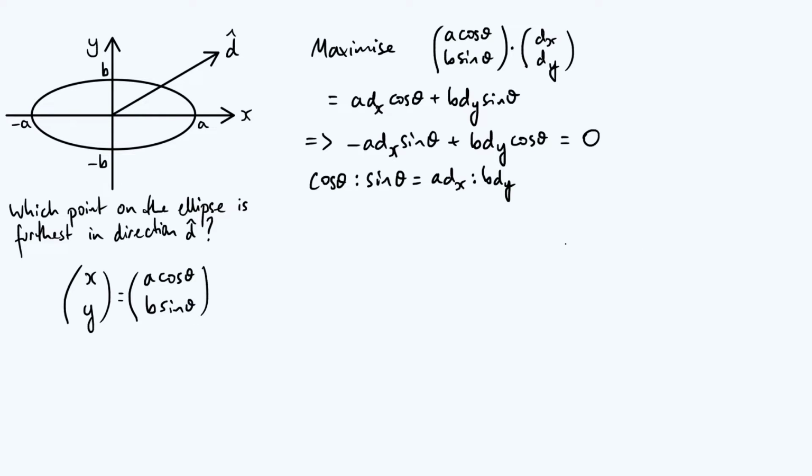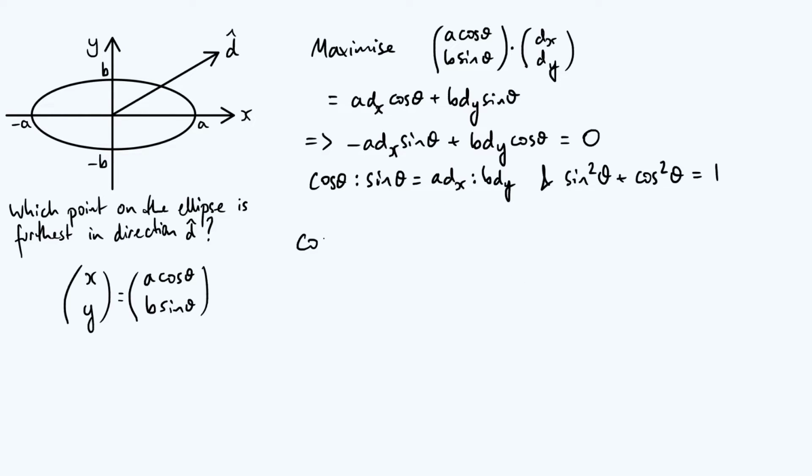So that's one constraint that our theta has to satisfy, but there's another constraint which any theta has to satisfy, which is that the sine squared added to the cosine squared of that value has to give you 1. So our second constraint is that sin squared theta plus cos squared theta equals 1. That always has to be satisfied. So this is like a pair of simultaneous equations that we have to solve. The reason I wrote this first one in ratio form is because I think that makes it easier to just spot what the solution is.